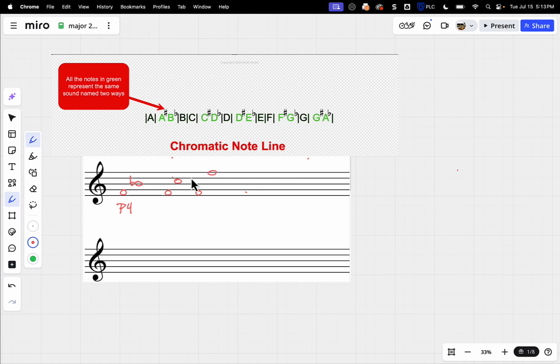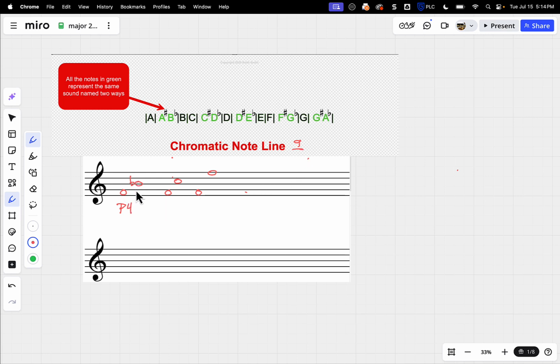Okay, so the reason they call it perfect is because when you invert them, you put the lower note on top, it stays a perfect interval. By the way, the magic number for intervals is 9. Remember that. So here we have 5 half steps.